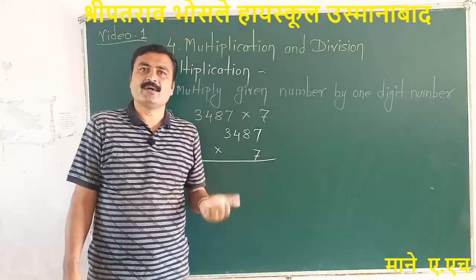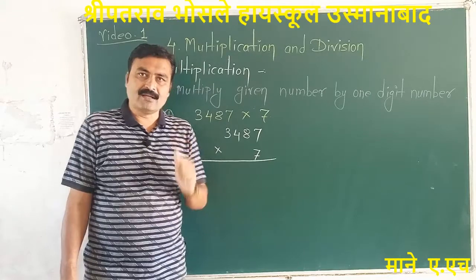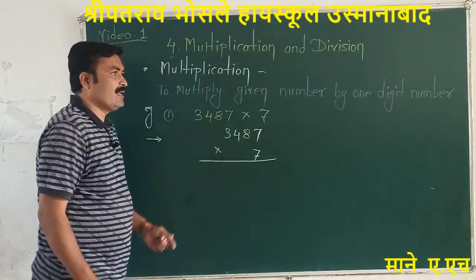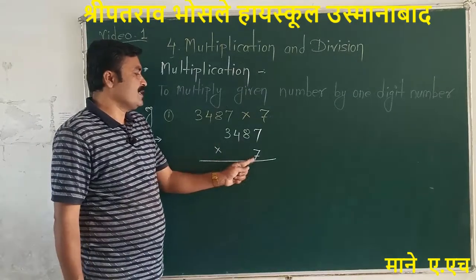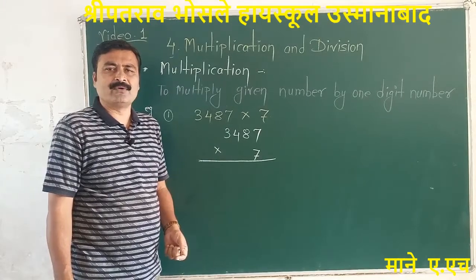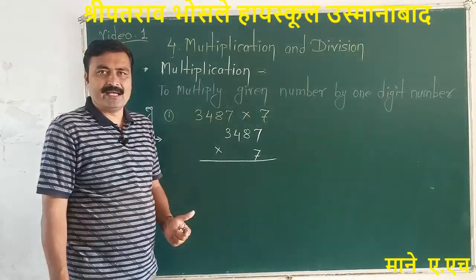So you should remember the tables from 2 to 9 clearly. In this multiplication I am using the table of 7, and I think all the students know the table of 7 clearly.